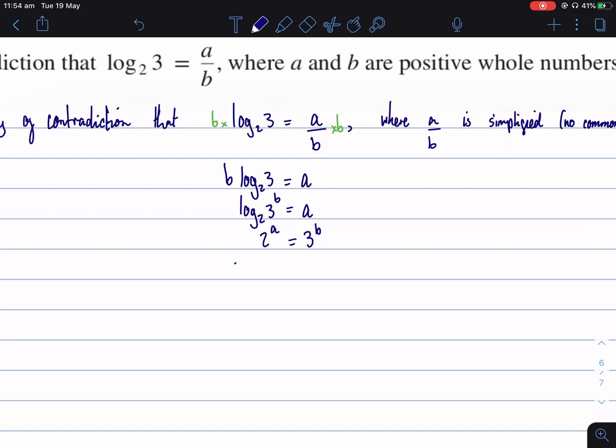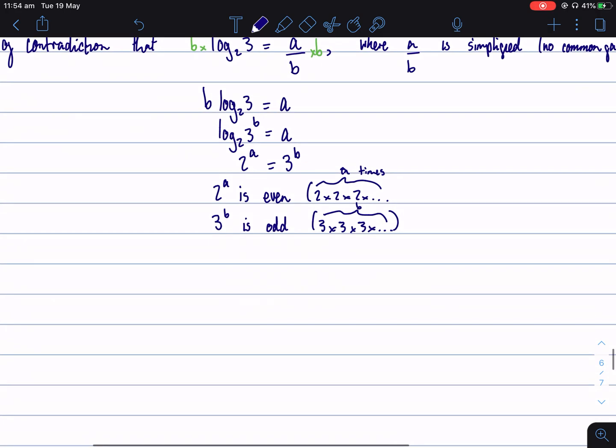Okay, 2 to the a is even. Obviously, because it's 2 times 2 times 2 times 2 times 2, whatever, and this is a times. If I have 3 to the b, then that's 3 times 3 times 3, b times, which is odd.